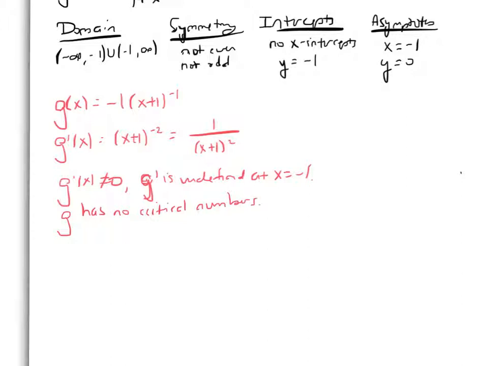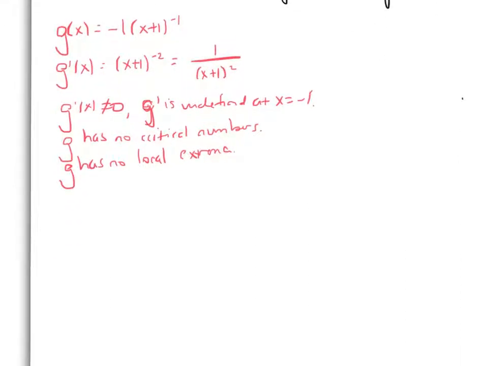And if g doesn't have a critical number, then g has no local extrema. But we'd still like to know if our function is increasing or decreasing. So our sign chart will have 1 and an x plus 1 squared. And this is a g prime, not an f prime.